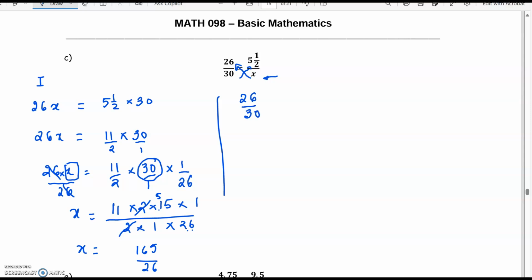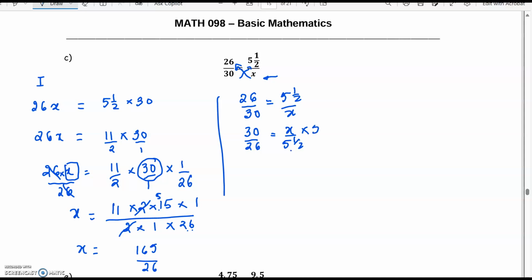So we start off with 26 over 30 equals 5.5 over x. Now we have to solve for x, so we cannot have x in the denominator. So we flip the fractions on both sides. Whatever you do to one side, remember you have to do the exact same thing to the other side. And now how do we get rid of the 5.5, which is division, which is in the denominator?